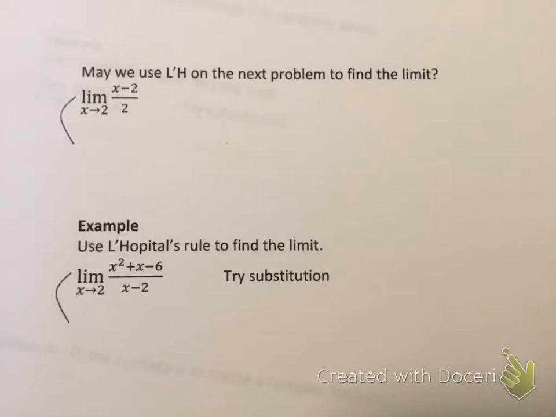When you look at this particular example, you end up with a 2 minus 2 over a 2. And the question is, may you use L'Hopital's rule? And the answer is no. This is a 0 over 2, and your answer is just going to be a 0. So no L'Hopital's rule. It's like taking a hammer to a screw. You don't want to use the wrong tool for a particular question.